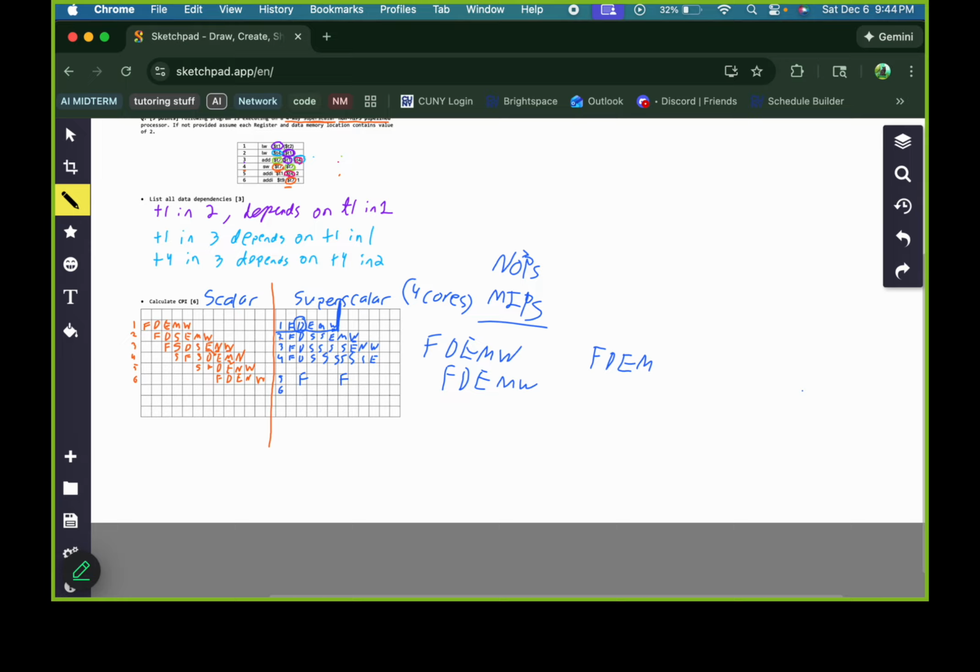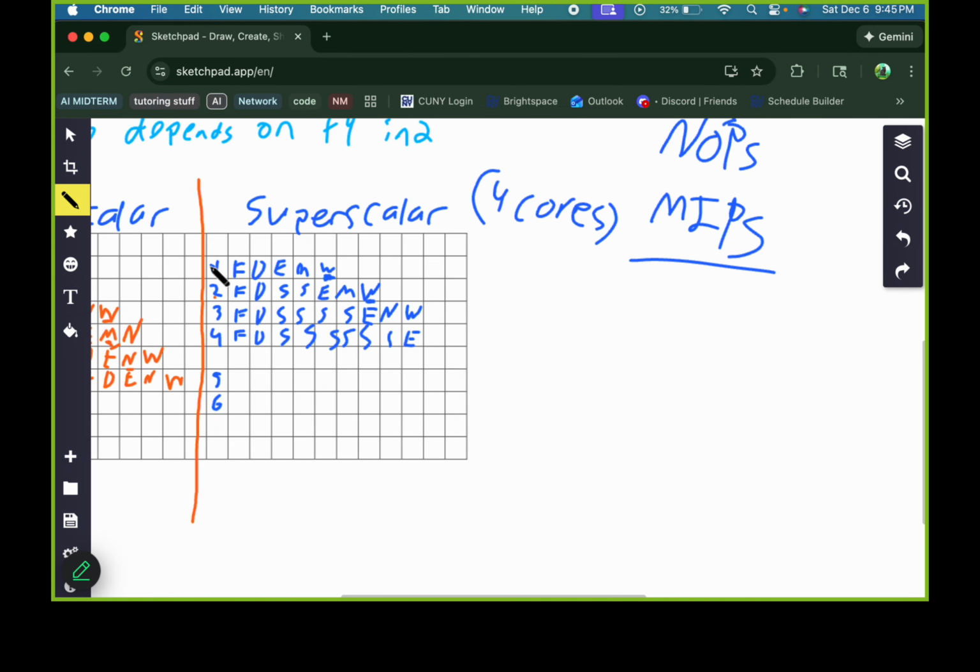So we could think of this, right, as there's a link between 1 and 5, right? These are both on core 1. And there's a link between 2 and 6. These are both on core 2. And if there was a 7th instruction, that would be linked to 3.